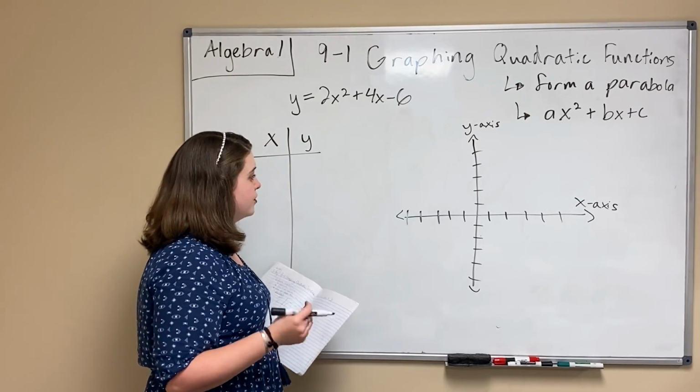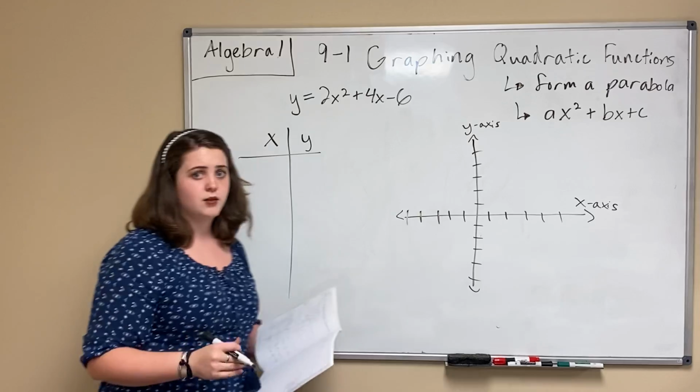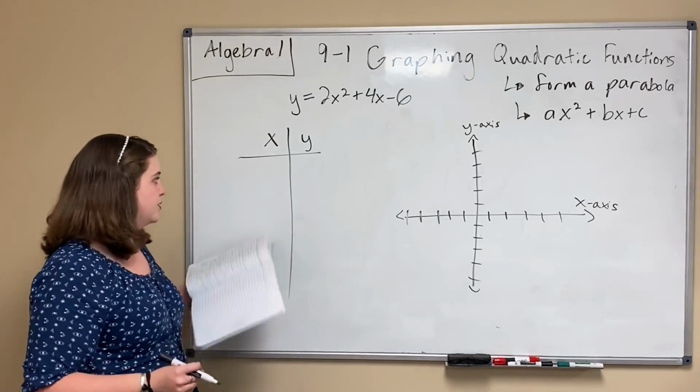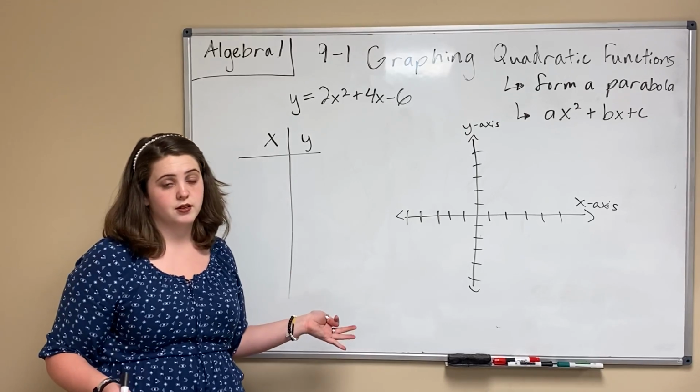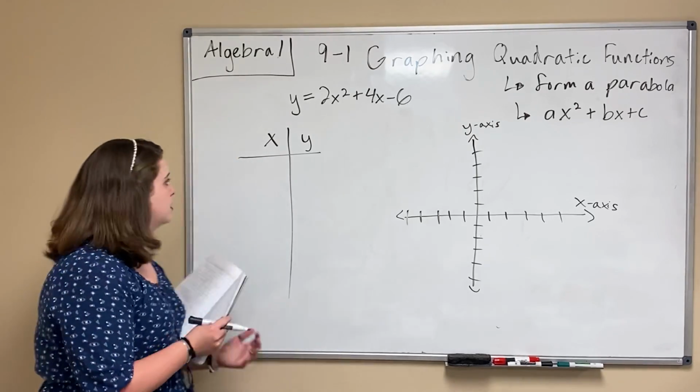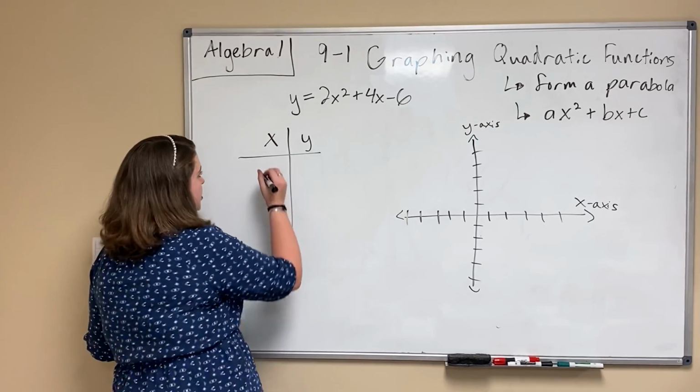Okay, so to graph this with a table, I'm going to choose x values, and I'm going to plug them into this equation so that I get my y value. The first one I'm going to do is just start with number 1.